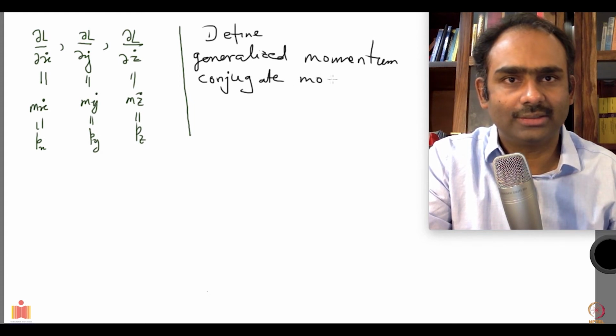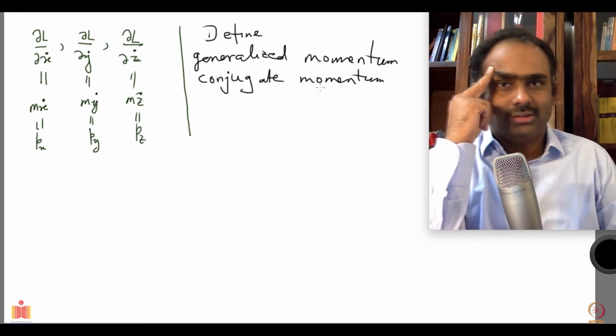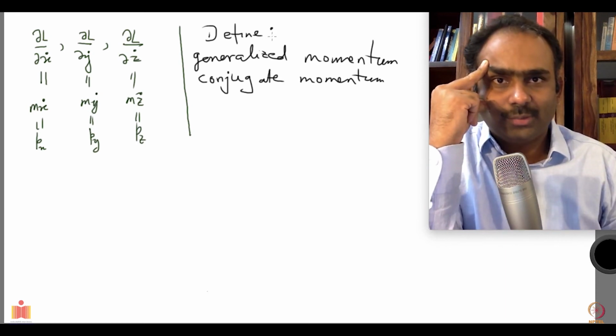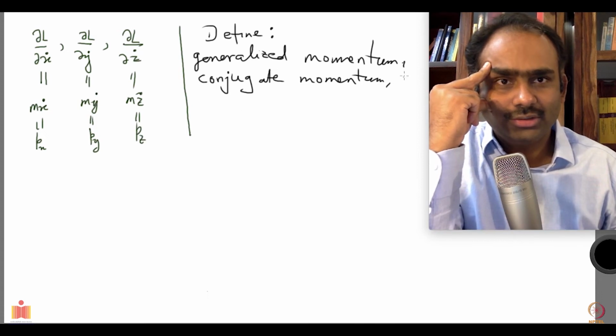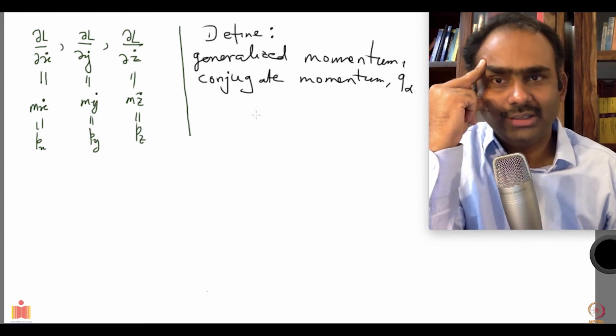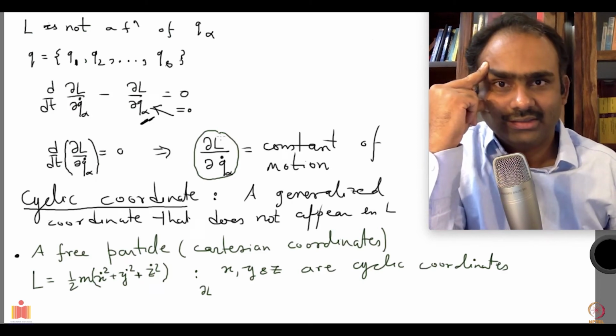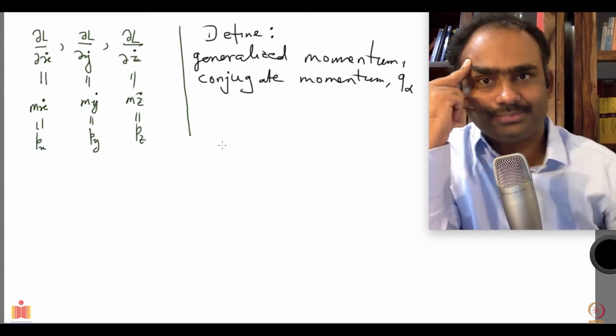So I'm defining a generalized momentum, or conjugate momentum, corresponding to q alpha to be del L over del q alpha dot.